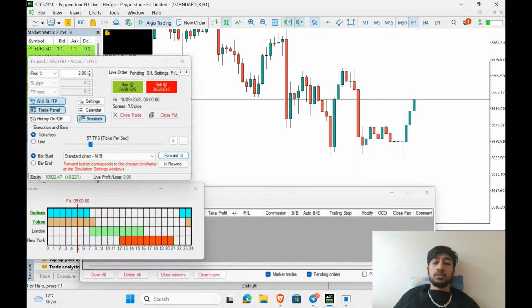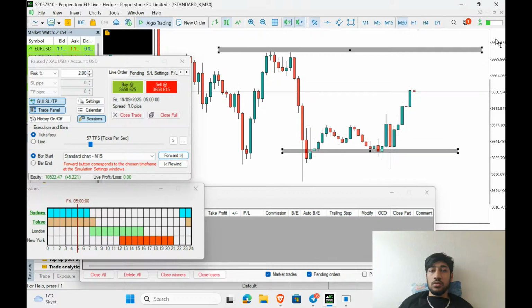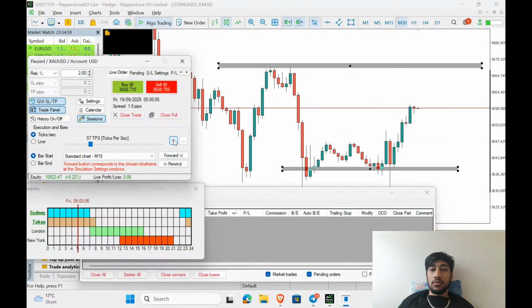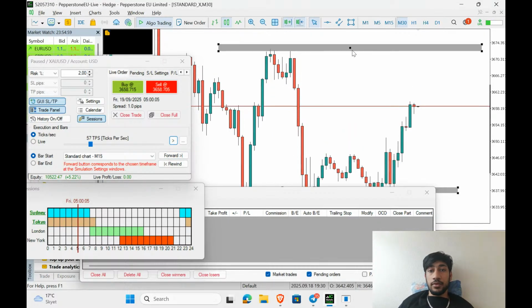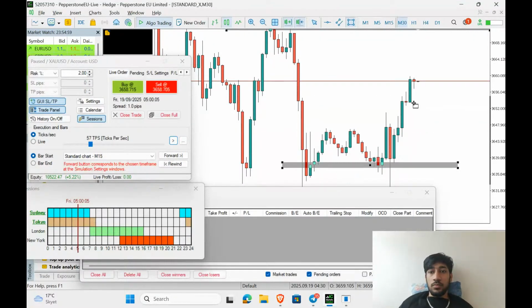And H1 formed support. We broke above this consolidation. We are heading towards this zone. Just drop down to the 15. Whoa, 30-minute time frame. We formed support.